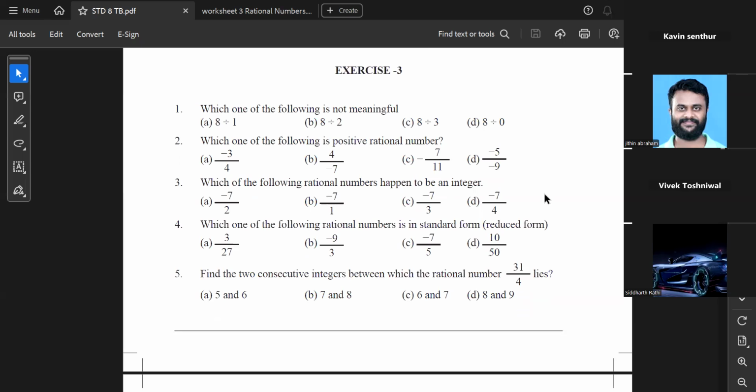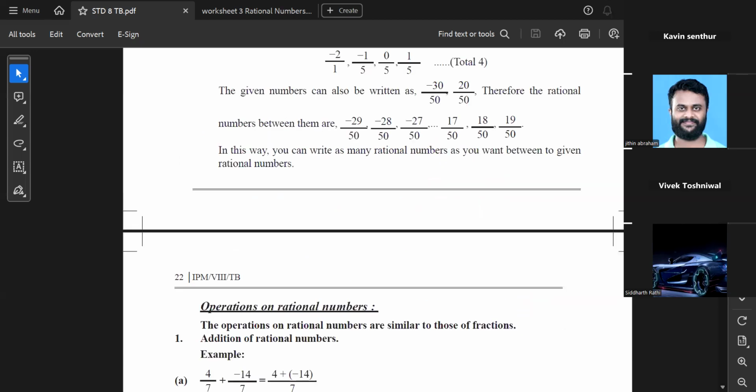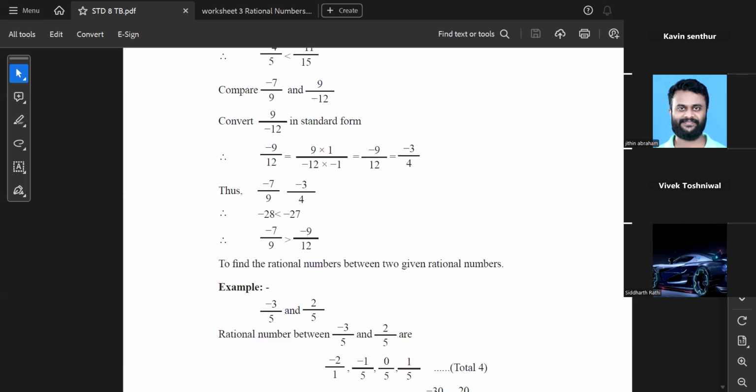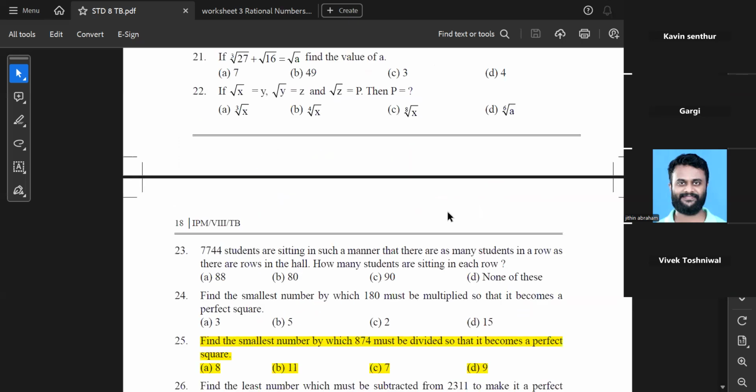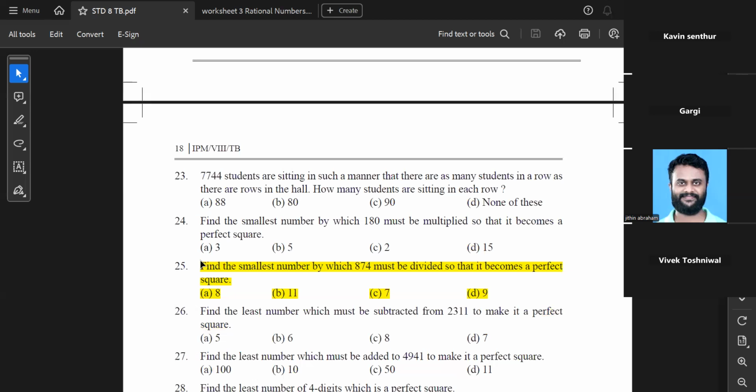Okay, I'll do one thing. Exercise 2 doubts I can take now, but what if the other children also have doubts? Okay, in the next class I'll take the 25th question. Exercise 2, 25th question. This was already discussed.